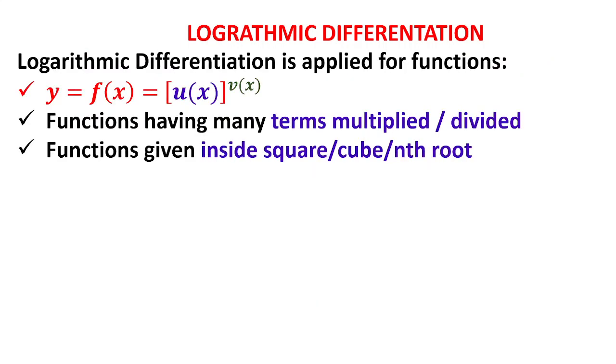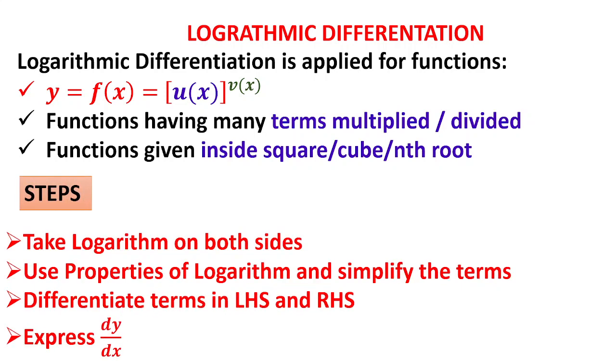Well, what is the method we have to follow? Logarithmic differentiation is applied for a function y equal to f of x, where it is function power function, and we will always have many terms multiplied or divided. Suppose there is a cluster of so many terms multiplied and divided, and suppose the function is given inside a very huge square root, cube root, nth root, like that, logarithmic differentiation will help you.